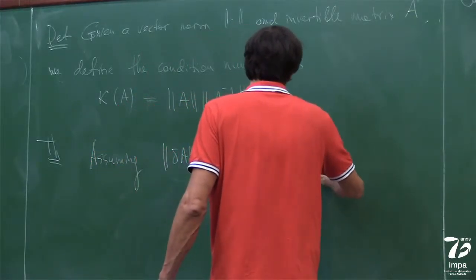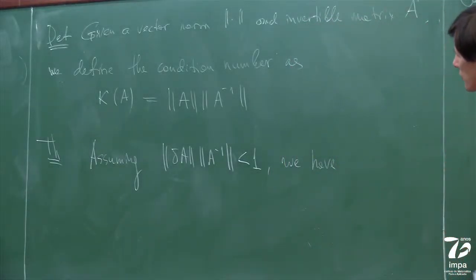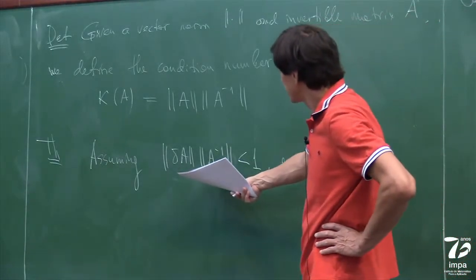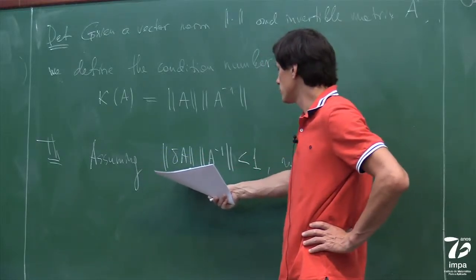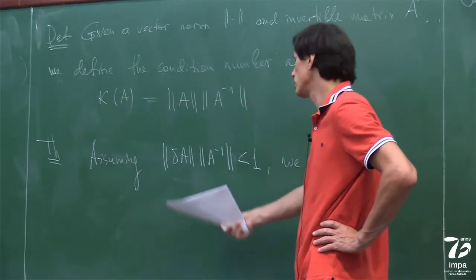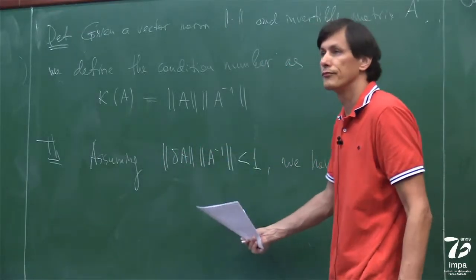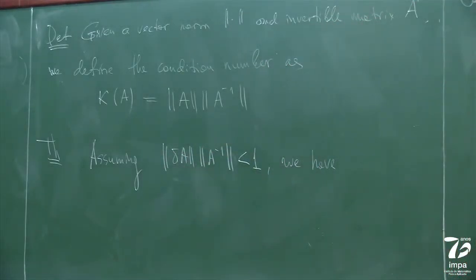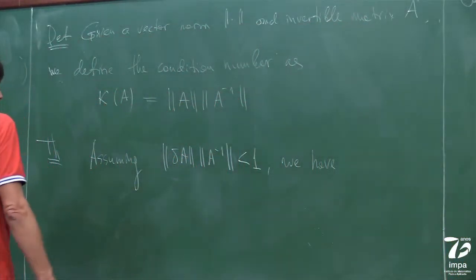So there is some condition which assumes that the perturbation of this matrix is not too large. Usually if the error is small, this is true. So this is just a condition that the error is not tremendously large.